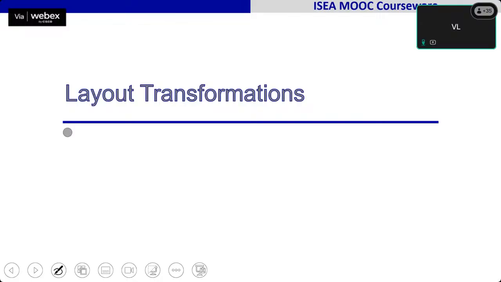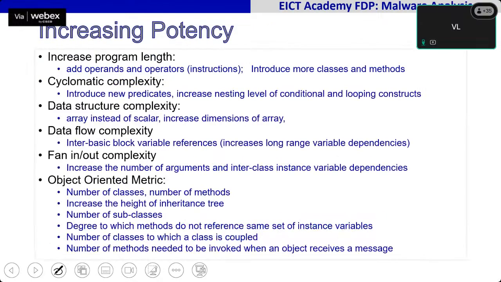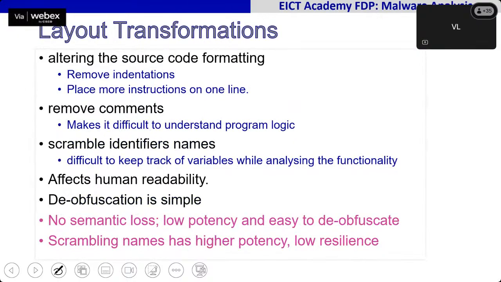The first that we are going to discuss would be layout transformation. In layout transformation, we are changing the format of the code. So one way to do it is to remove indentation. Now, this may be possible in some languages like C. Python may or may not permit it.